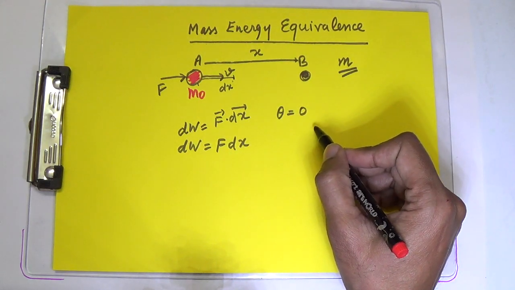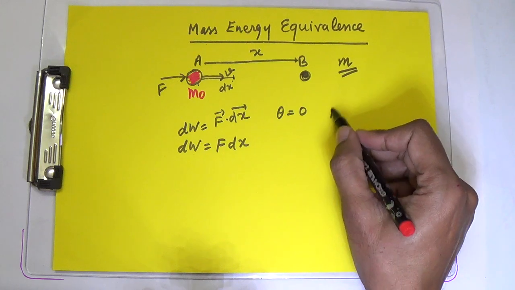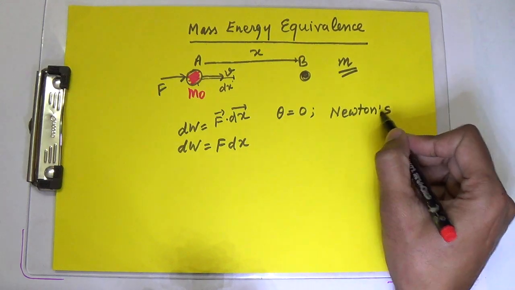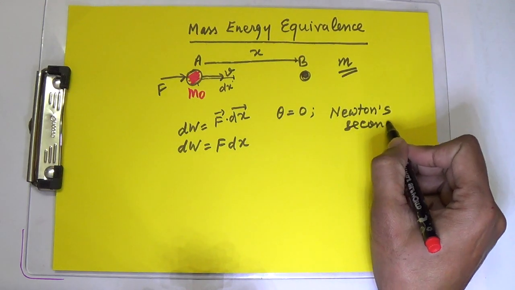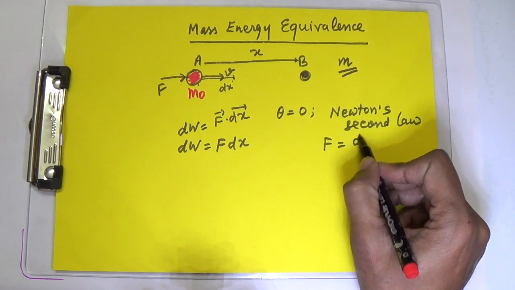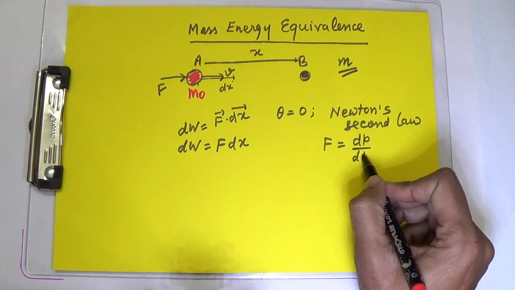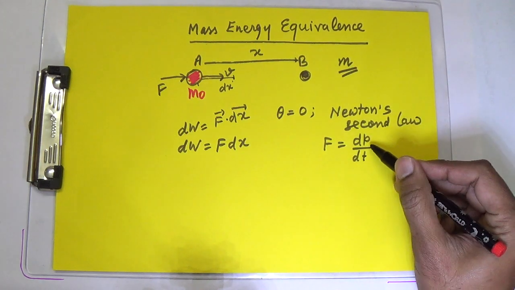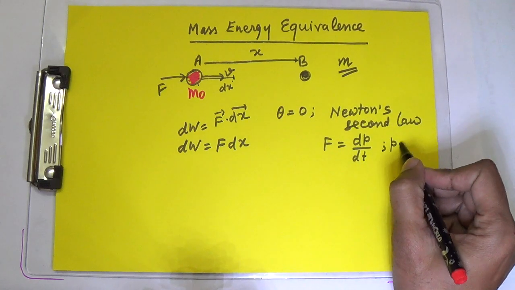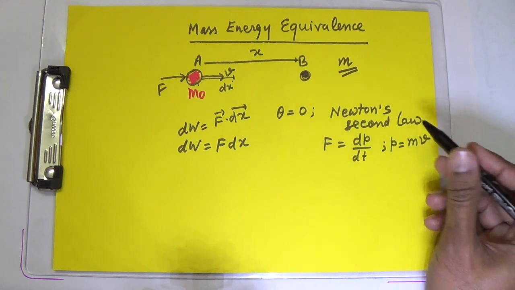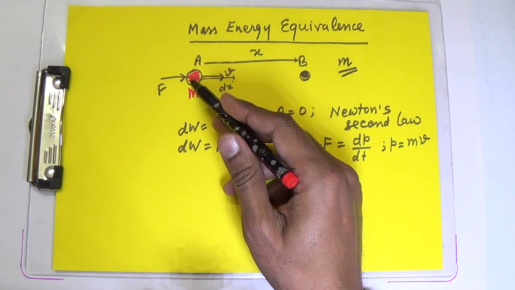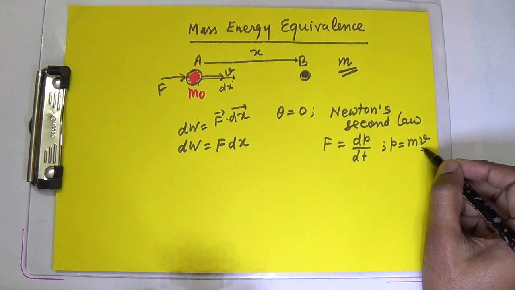We know from Newton's second law that F is equal to dp upon dt, in terms of the rate of change of momentum, where p is equal to mv. m is the mass when this particle accelerates, and v is the velocity.